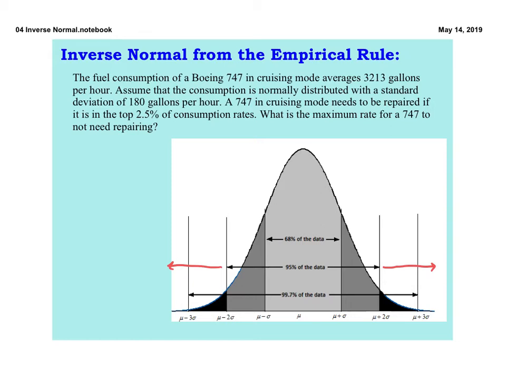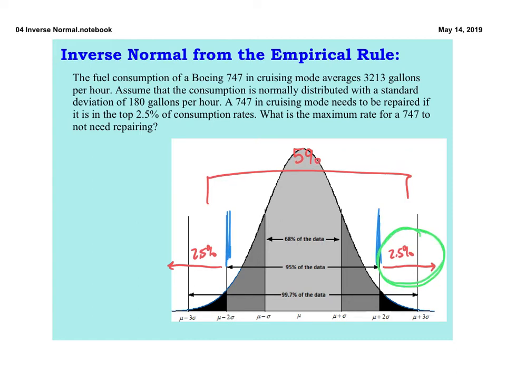So if 95% is between the blue right here and right here, then the rest of your data, which is the red, going off to the left and off to the right, must total 5%. And so this must be 2.5%, and this must be 2.5%. What we're looking for specifically is the top 2.5%. We're looking at this little magic number right there.